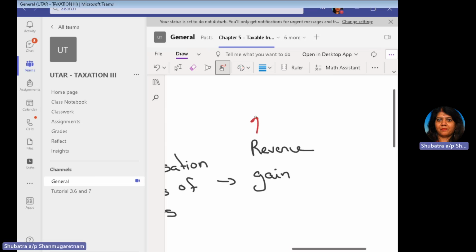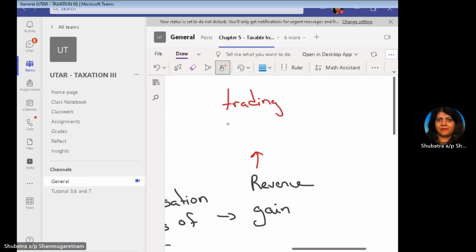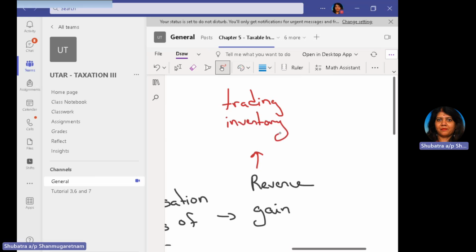So Inland Revenue says, whenever you get a compensation, and that compensation is regarded to be your trading inventory or trading stock, then this is a revenue generator. It generates revenue for you. So your inventory is your revenue generator.